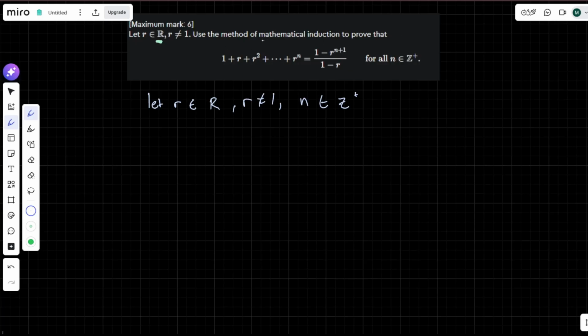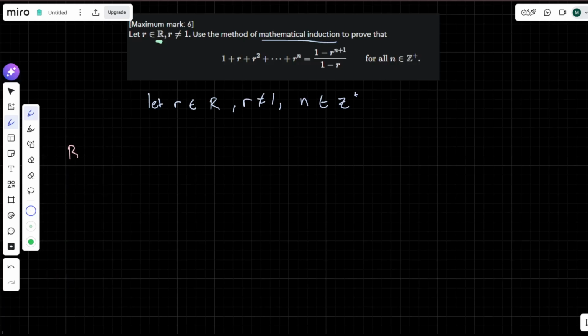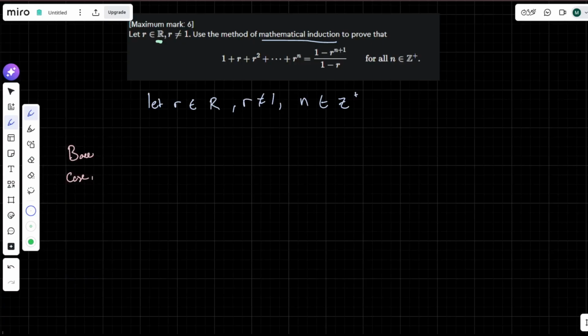Since this is a mathematical induction problem, we basically break this down into 3 steps. And the first step is going to be to look at a base case. So we're looking at the first value for n that we are interested in, which, for us, n is a positive integer. I'm going to start with n equals 1.